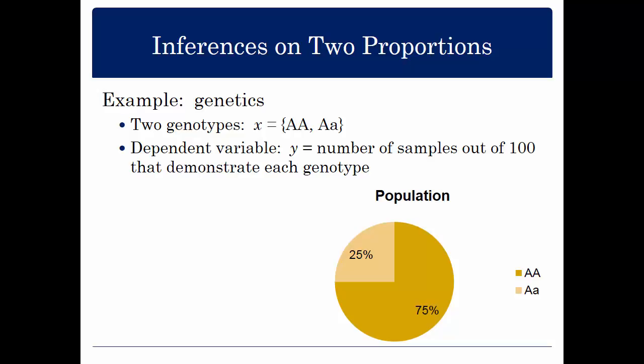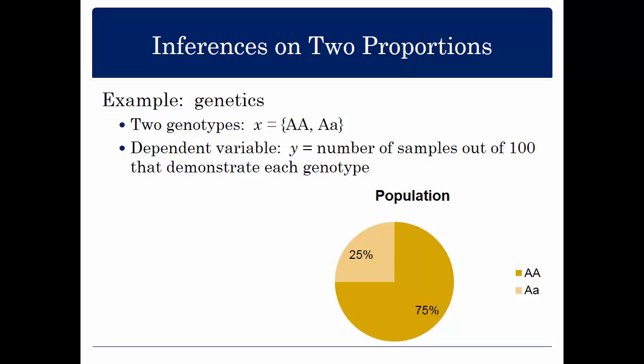So here, a very simplistic example, we take a sample from this population. We think in the population about 75% should have this trait, which we'll call capital A, and we think the remaining 25% have some different trait, small a.